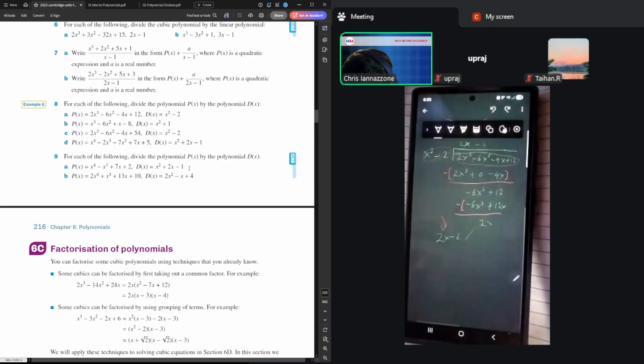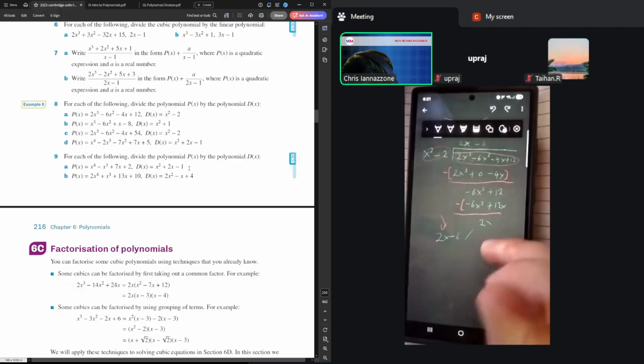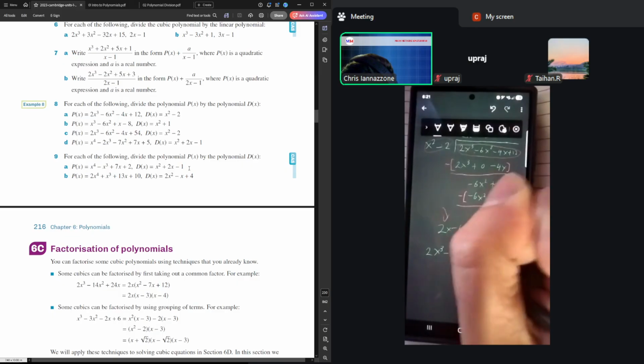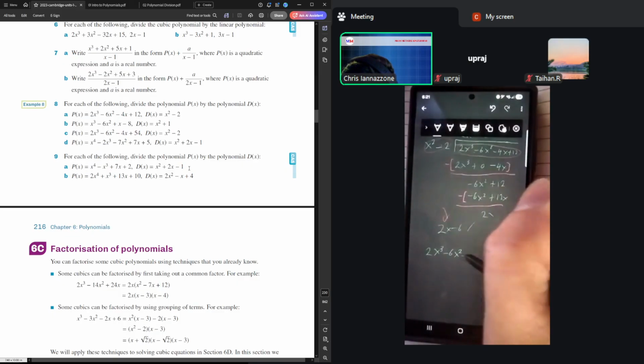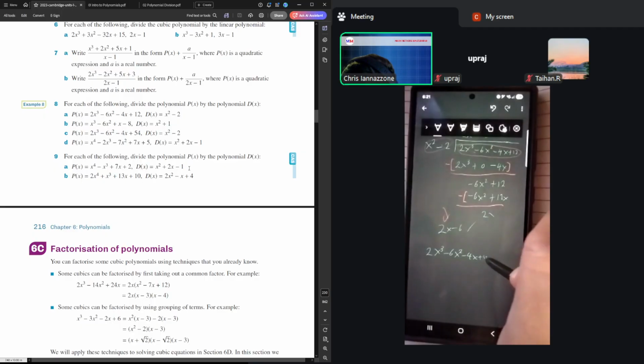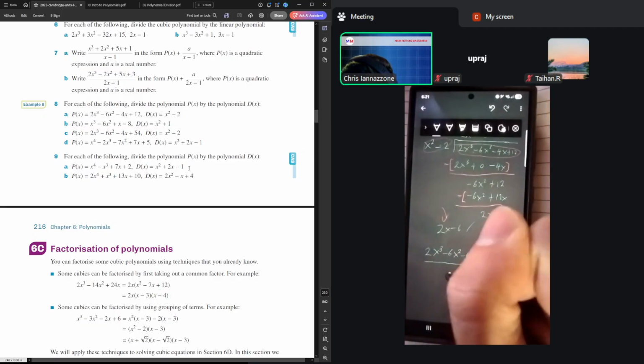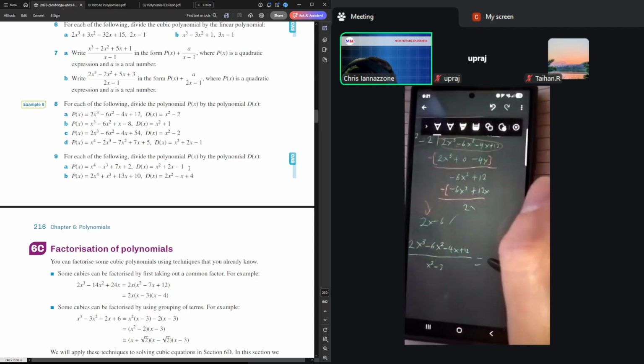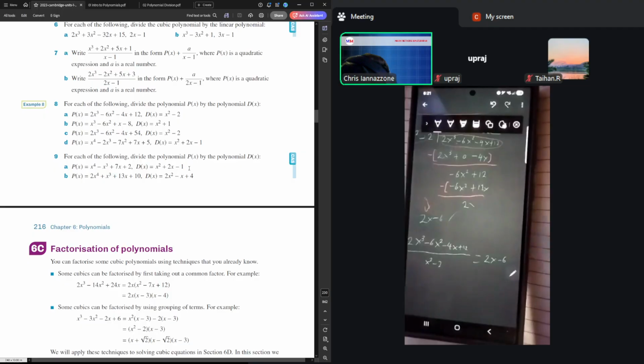So, we had a remainder of 0 when we did this. What that actually means is we can say the following: 2x cubed minus 6x squared minus 4x plus 12, divided by x squared minus 2, is the same as 2x minus 6.